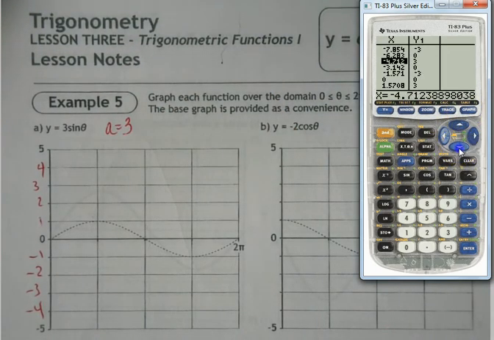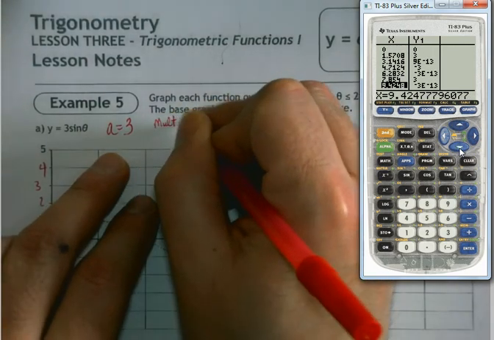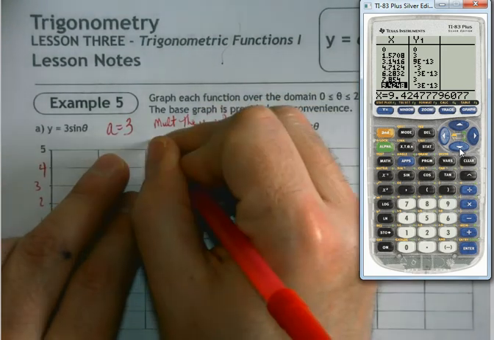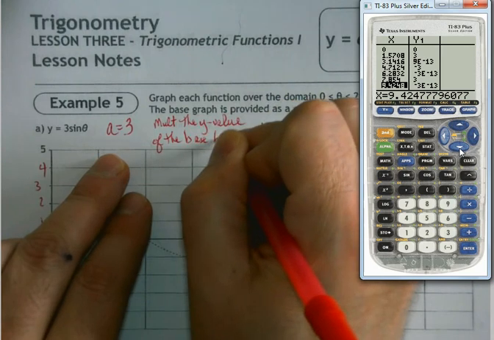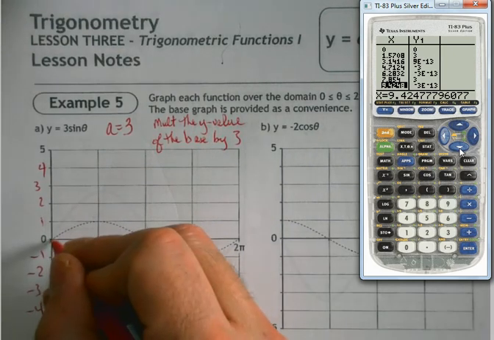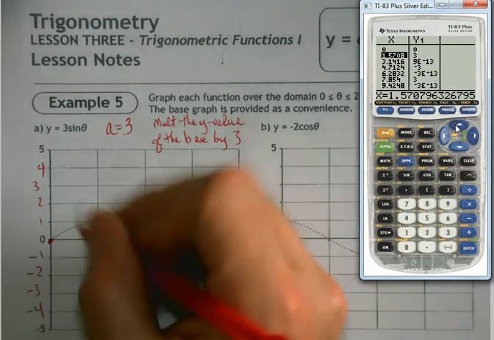Well, what that means is you're going to multiply the y value of the base by 3. Now, right now I have a chart, so I'm going to go ahead and use the chart. So I'm like, okay, so 0, 0. Then there's pi over 2. That's at 3.